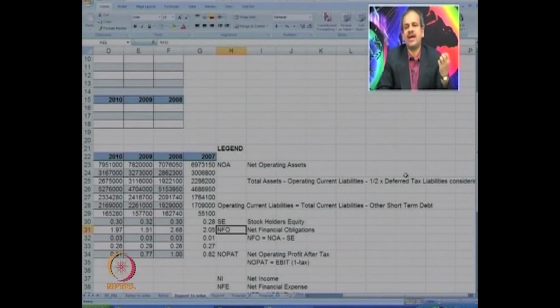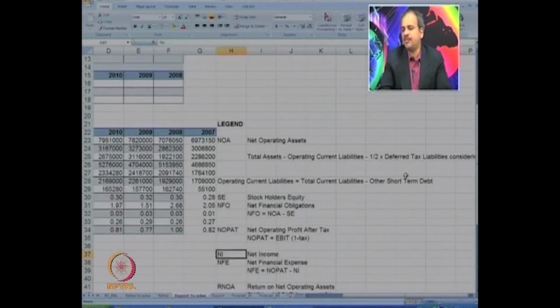So, what it is looking at, the money in the nature of long term debt is tried to be calculated by NFO. Then NOPAT. NOPAT refers to net operating profit after tax. So, NOPAT is calculated as EBIT into 1 minus tax. So, what is the operating profit, and from which we deduct the taxation at the rate. So, we calculate the net profit after tax.